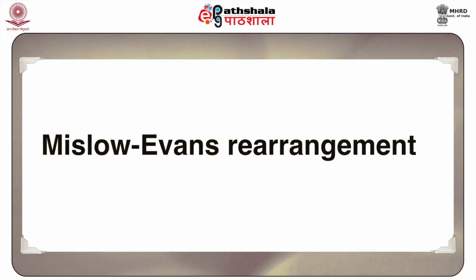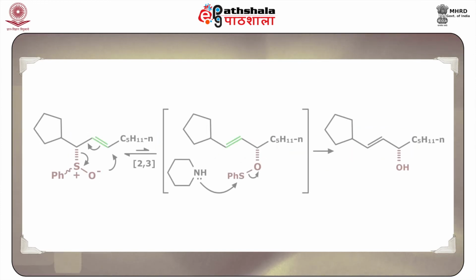Next, let us look at the Mislow-Evans rearrangement. It is a 2,3 type of sigmatropic rearrangement reaction that results in the formation of allylic alcohols from allylic sulfoxides.